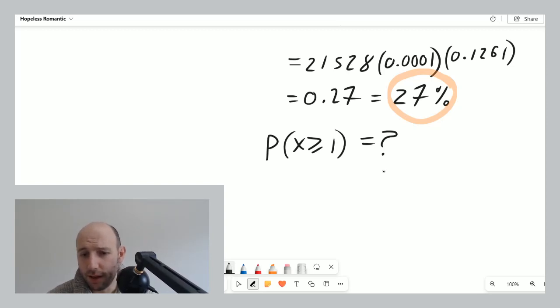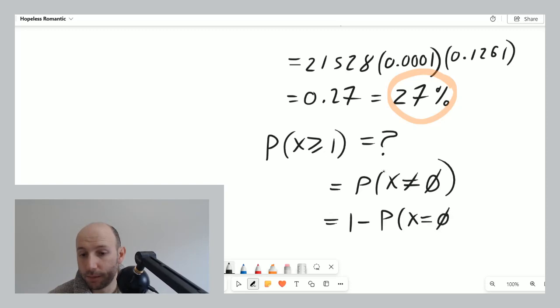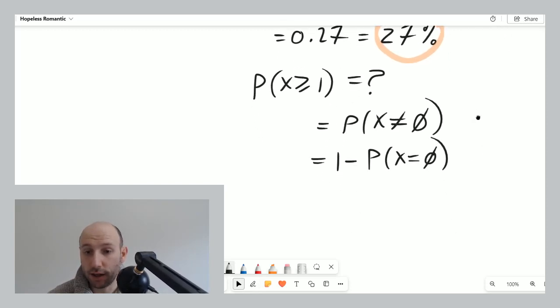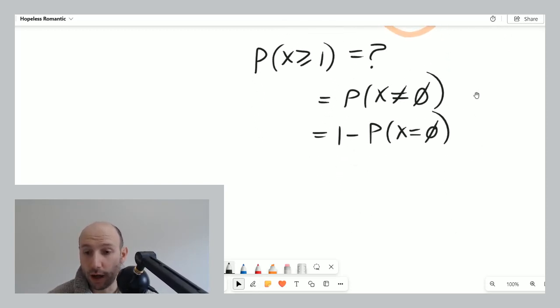Well, that's the same as saying, well, what's the probability that they meet not 0? Okay? And, well, that would be 1 minus the probability that they meet 0 people. Okay? So imagine if there's a 5% chance they meet no one, well, that means there's a 95% chance that they meet at least someone. Okay?